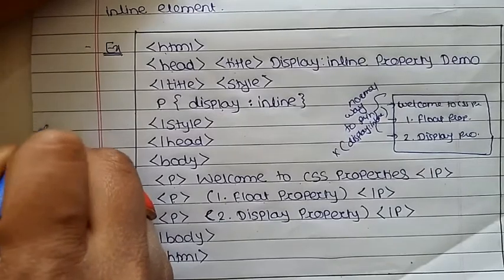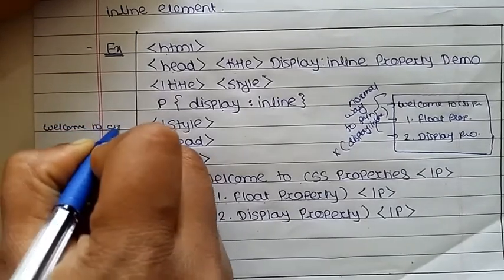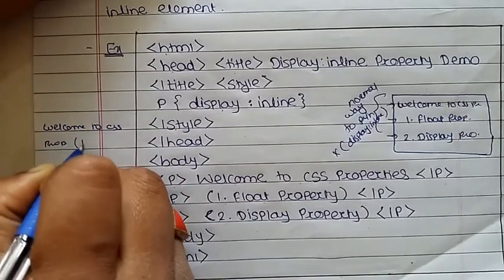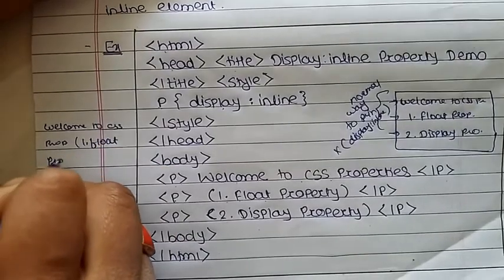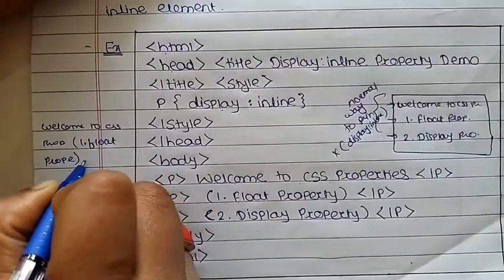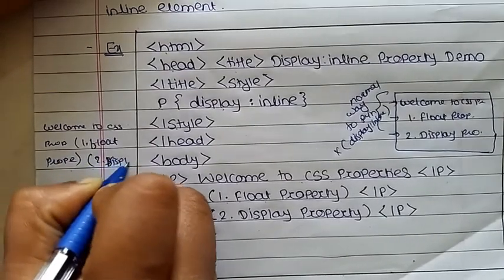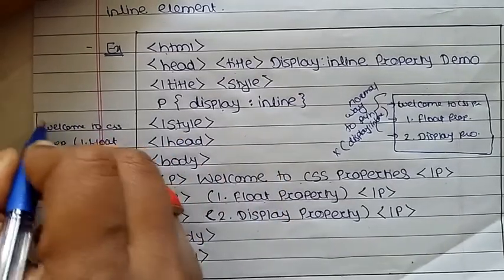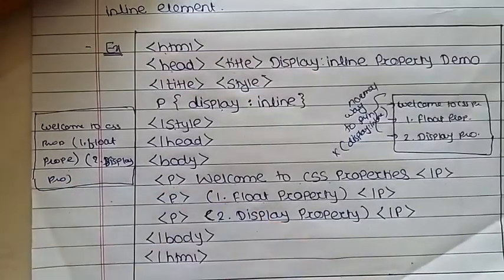If we use display inline, then how is this text displayed? In the first line, welcome to CSS properties, then in the same line, continuing, 1. float property, then in the same line, 2. display property, like this. That means the display property does not hold any line break here.